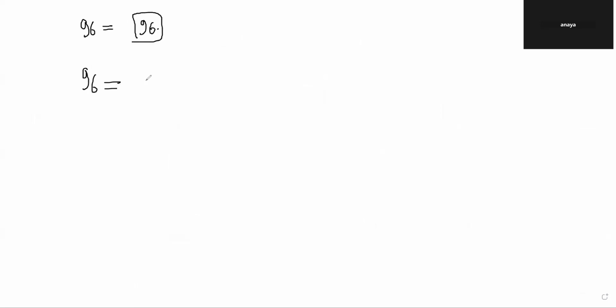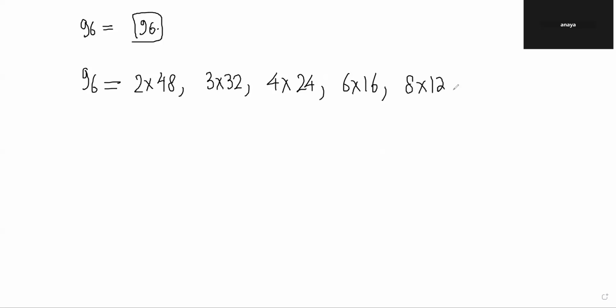Then you could have a list of factors where two factors are multiplied: 2 into 48, 3 into 32, 4 into 24, 6 into 16, then 8 into 12, right? After that, there will be 12 into 8, and the reverse of all of these, right?